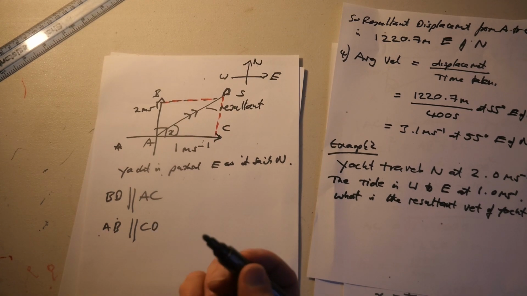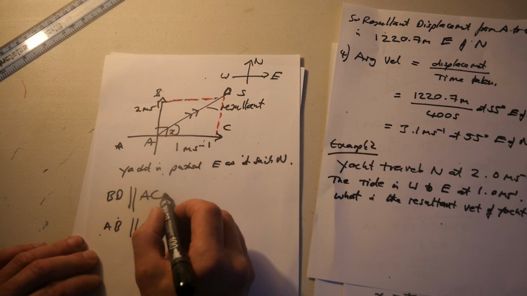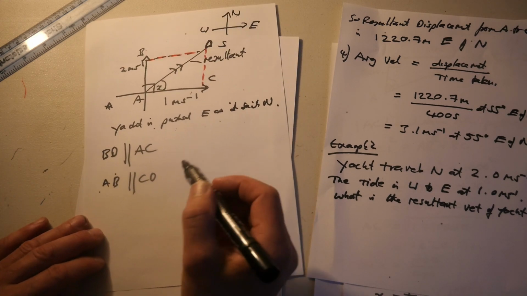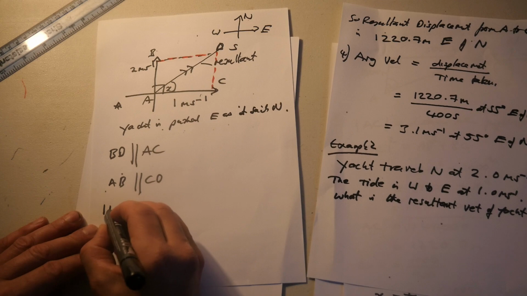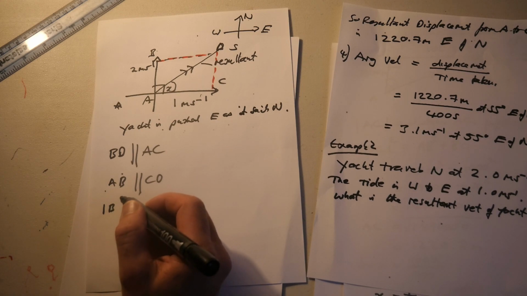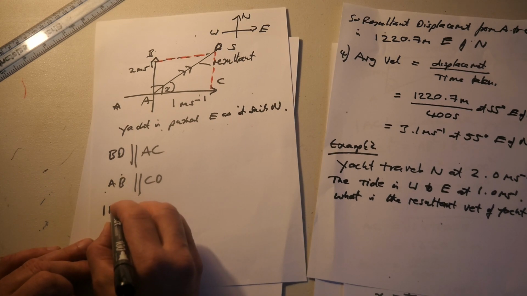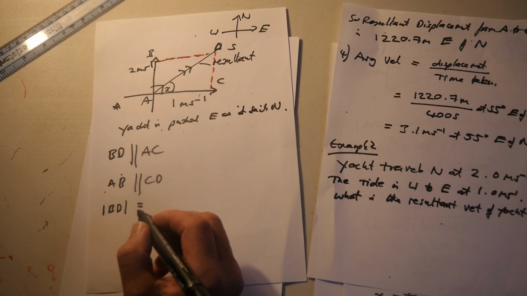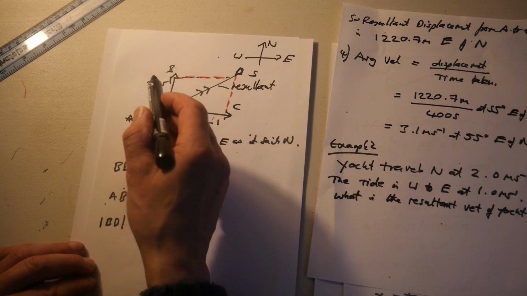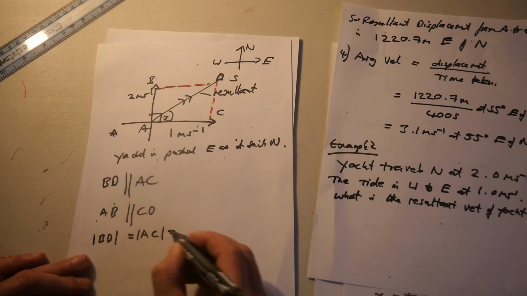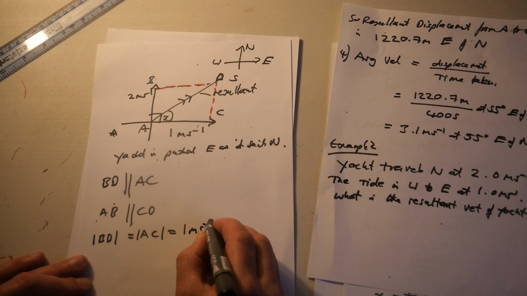CD, DC, doesn't matter, okay? So BC is parallel to AC, and the magnitude of BC, so BD equals BC equals AD, so BD equals AC, which equals 1 meter per second.